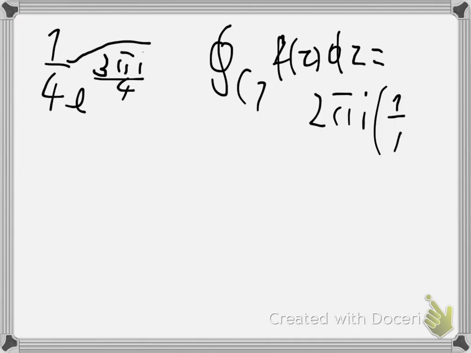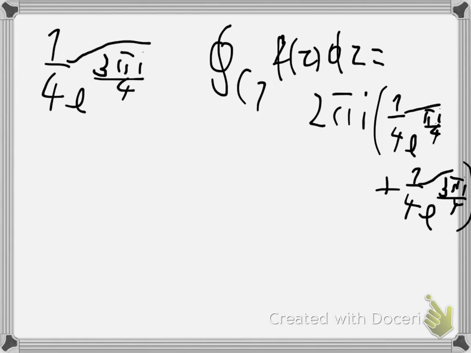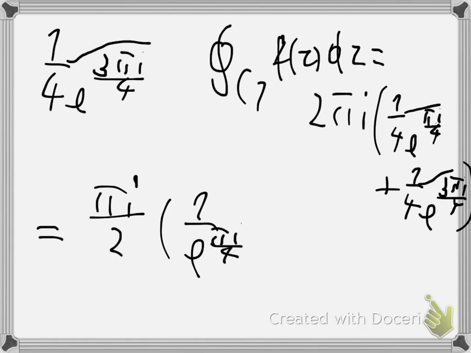So it will be 1 over 4 e to the pi i over 4 plus 1 over 4 times e to the 3 pi i over 4. We can factor out 1 over 4, which will give us pi i over 2 times 1 over e to the pi i over 4 plus 1 over e to the 3 pi i over 4.